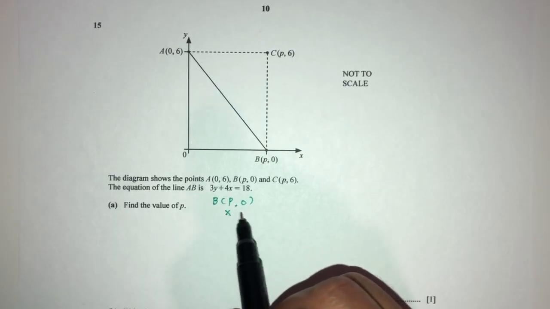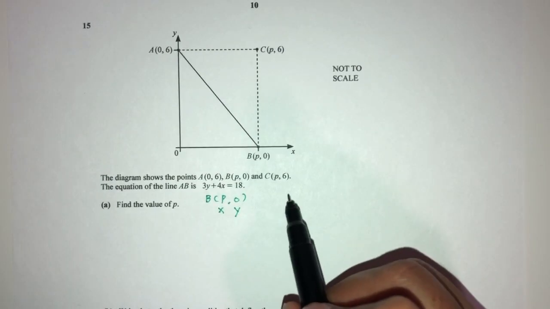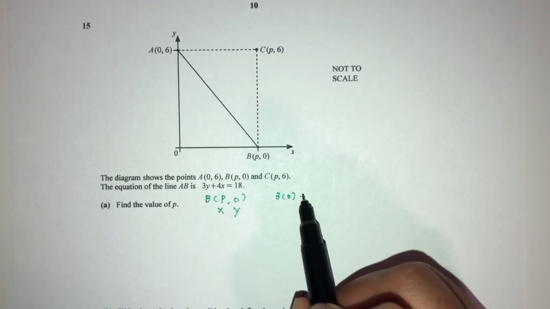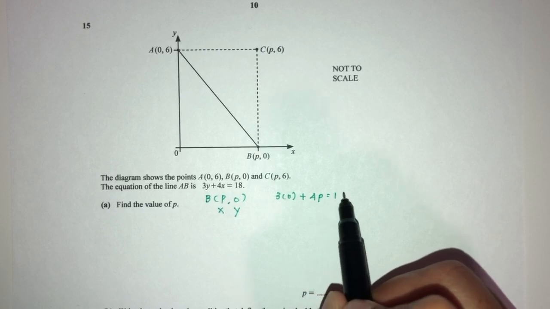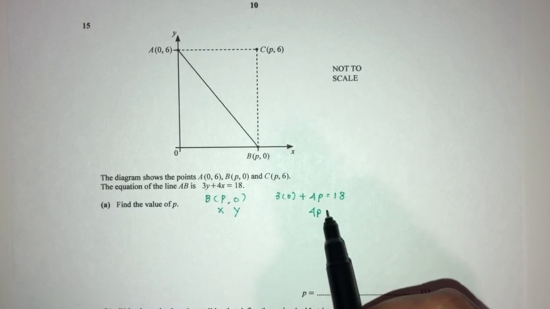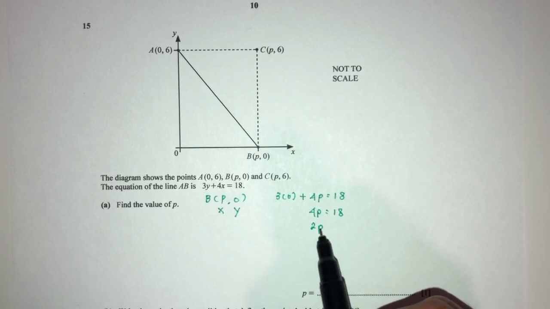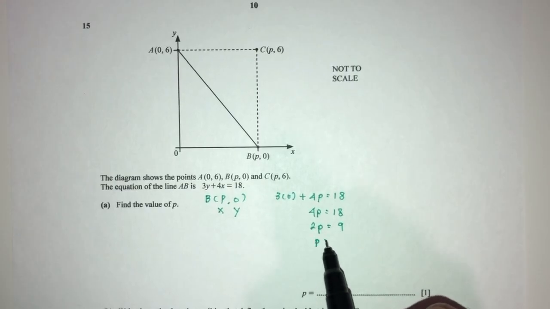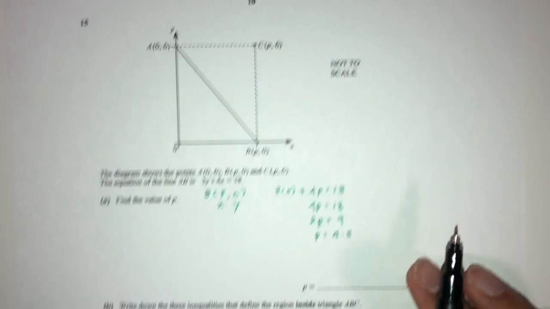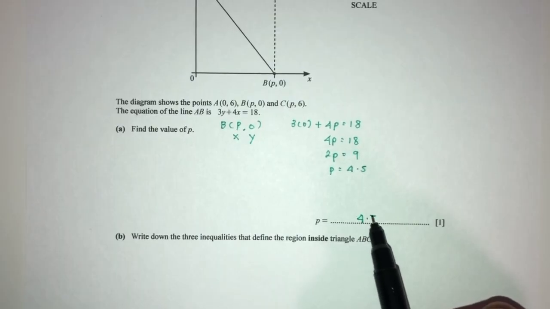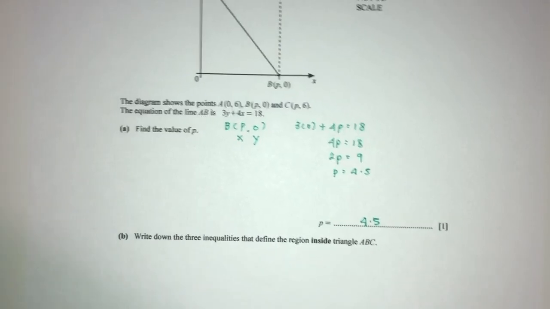This is the X value and the Y value. Replace back in, you will have 3 times 0 plus 4P equal to 18, which means 4P is 18. So the value of P will be 4.5 according to the given values.